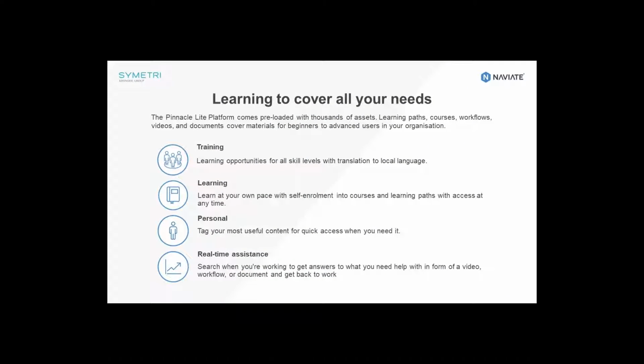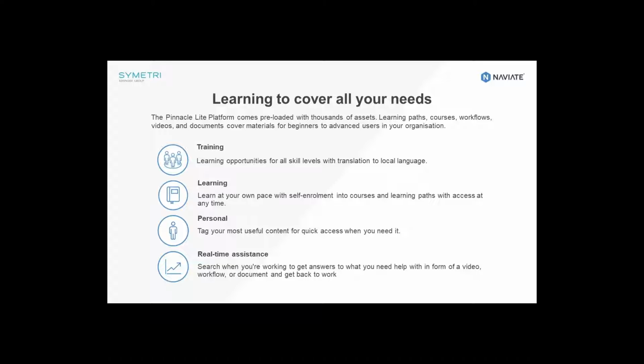So 4 elements: the training part, the learning path, and a personal part that you can favorite your content throughout the Pinnacle Light and put it as an easy, quick access for yourself. I will show it later when I'm doing the demo. Real-time assistance, that means you can search for any questions you have in the cloud solution, and you can get answers presented as a video, a workflow, tips and tricks document, and so on and so forth.